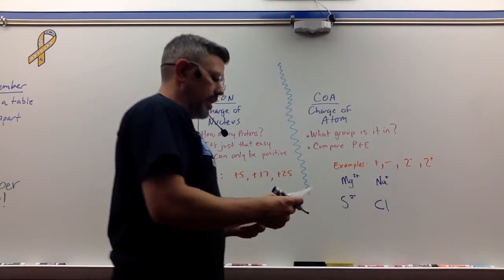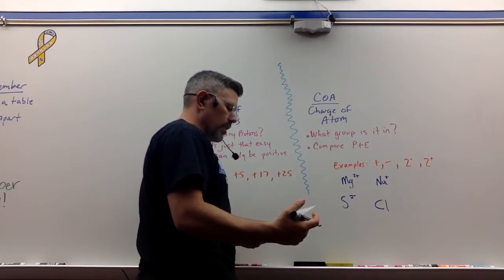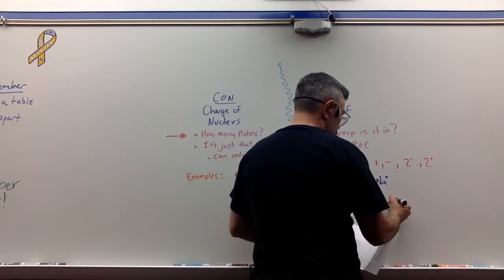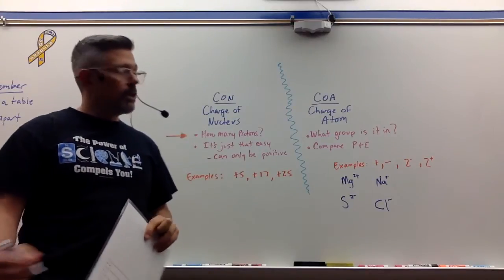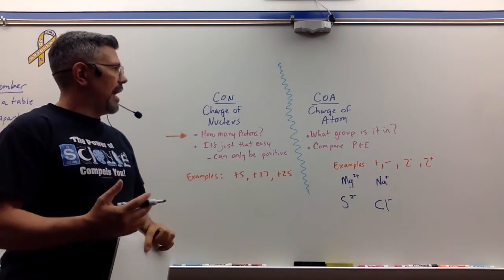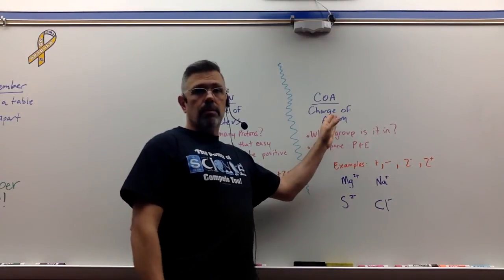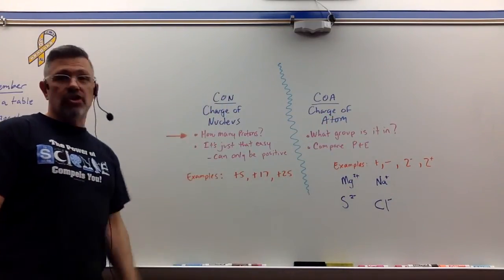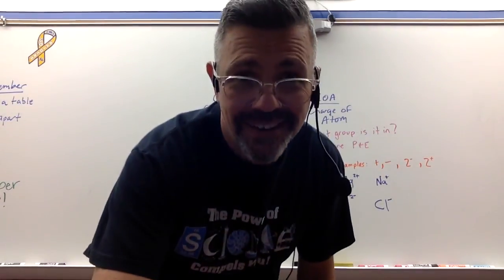It will gain the electron that sodium wants to get rid of, and so its charge will be just a minus. And that is how you do the charge of the atom, which is different from the charge of the nucleus. All right, guys, that was all about charges. See you in class.